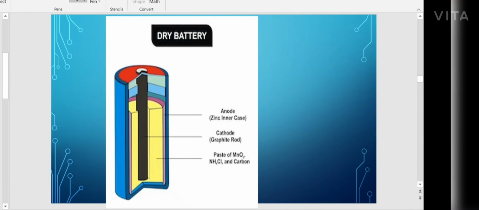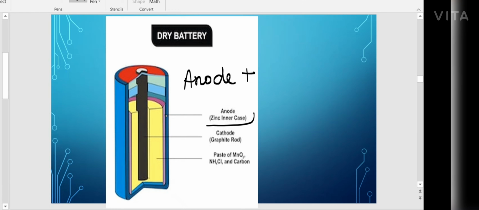The next one is this diagram showing the dry battery or dry cell. In this you can see there will be many chemicals stored inside. So what are the main things stored inside? There is the anode, the positively charged electrode, and this anode is made up of zinc.